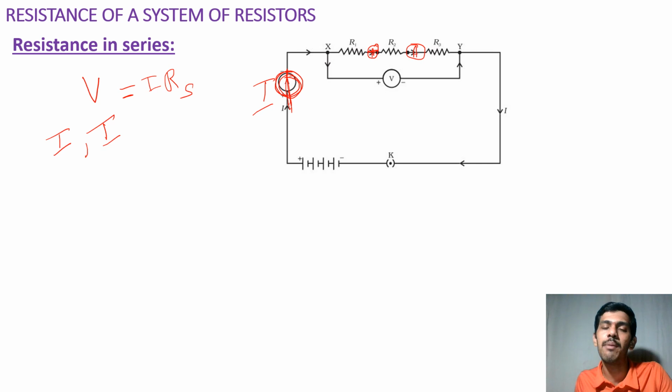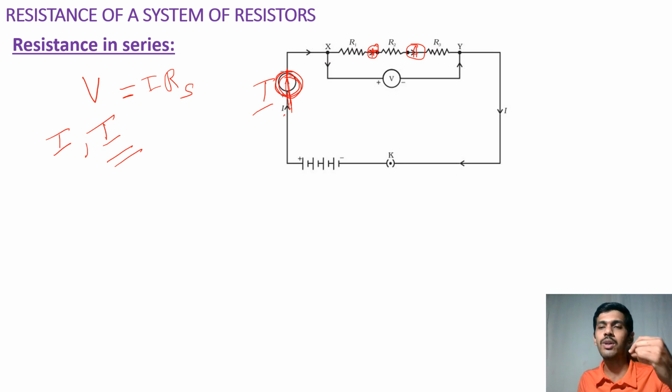At that time also, I note down the current and I get the same value of current everywhere. Whenever the ammeter was in the main circuit, in between R1 and R2, or in between R2 and R3, the value of current was the same. That is one observation.